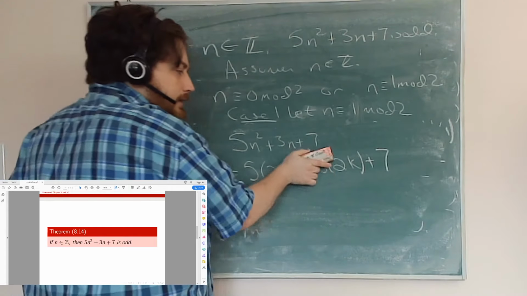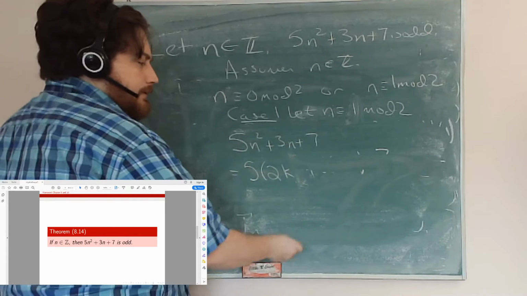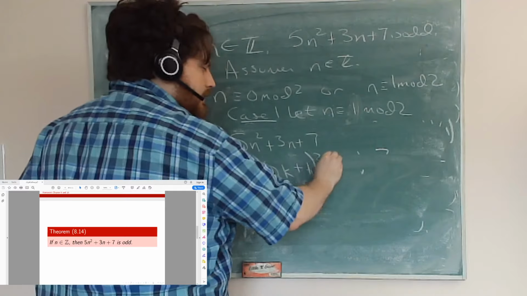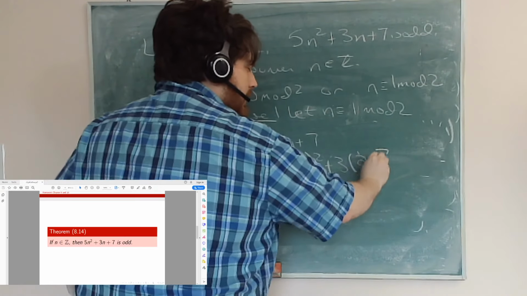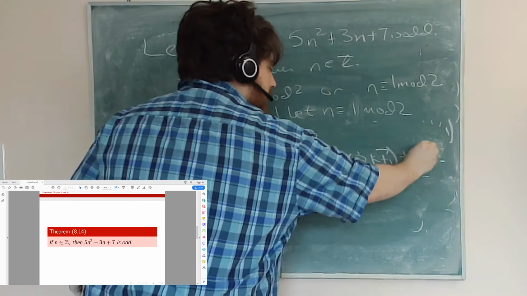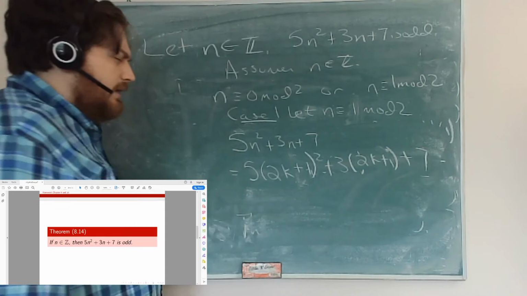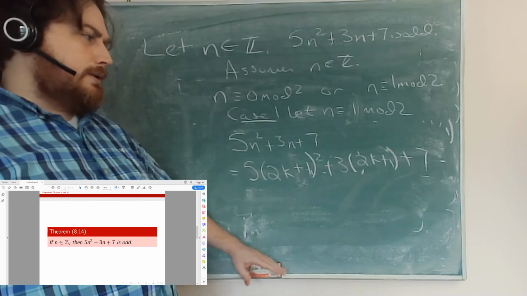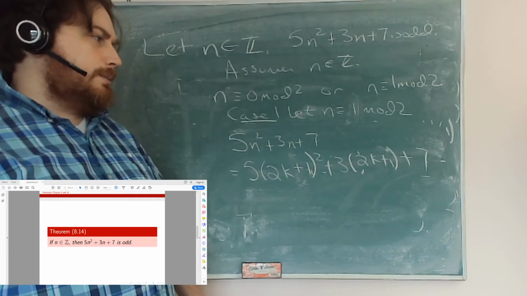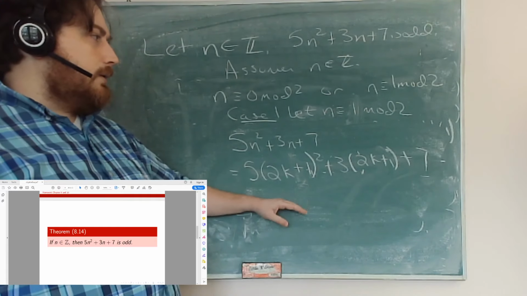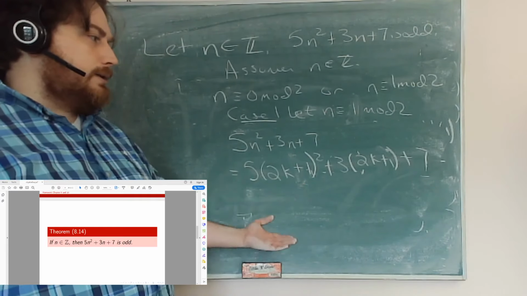If it's odd, you want to show this is equal to 5 times 2k plus 1 squared plus 3 times 2k plus 1 plus 7. And if I simplify this, I want to show that it's equal to 2 times some integer plus 1. Now we get, okay, well, whether this is odd or even, then this is also odd.